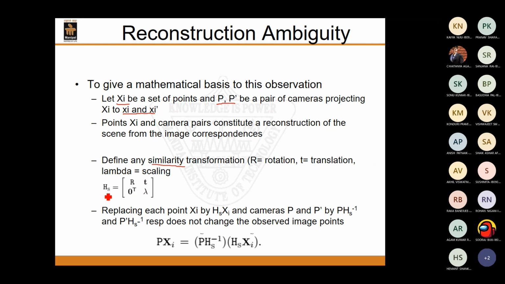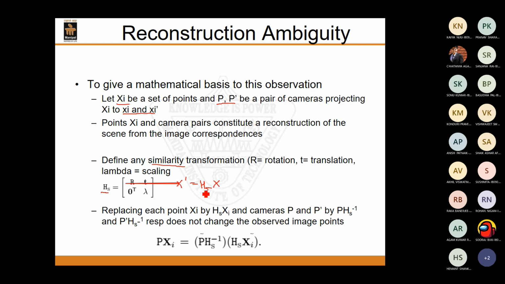We can represent that transformation as H_s equal to [R t; 0 lambda], where R represents the rotation matrix, t represents the translation, and lambda is a scalar quantity which represents the scale. So I can write X dash equal to H_s X, where H_s is for the similarity transformation and X for the reconstructed point.